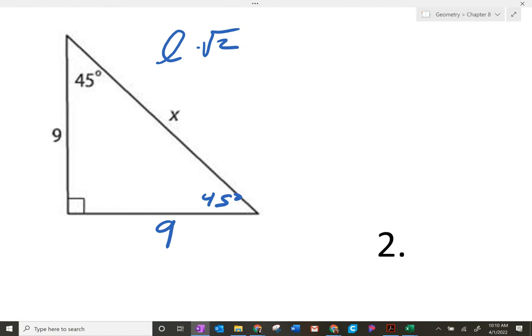So the length of x would just be 9 radical 2. And that's it. I'm just taking whatever this number is here, and then I'm multiplying it by radical 2. And that's it.